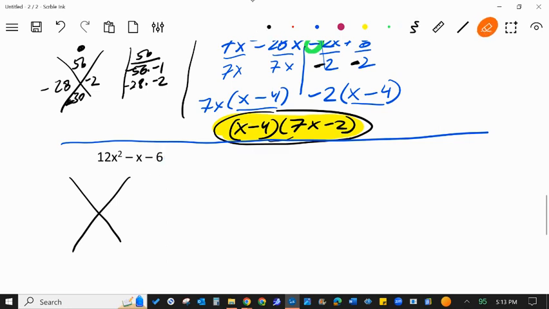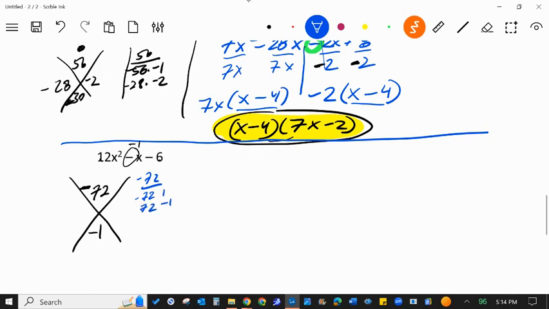And think 12 times 6 is 72, but it's a negative 72. And here there's a negative 1 in front of the b. So we're going to find the things that multiply to 72 and add up to 1, but 1 has to be negative. So if I take negative 72, well, I can have negative 72 and positive 1, or 72 and negative 1.